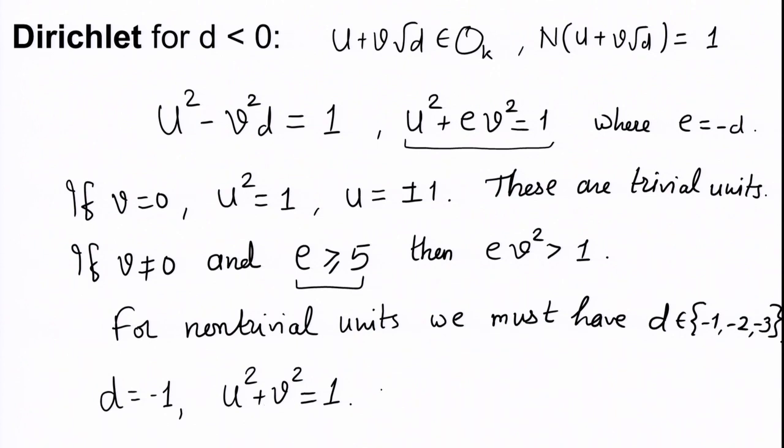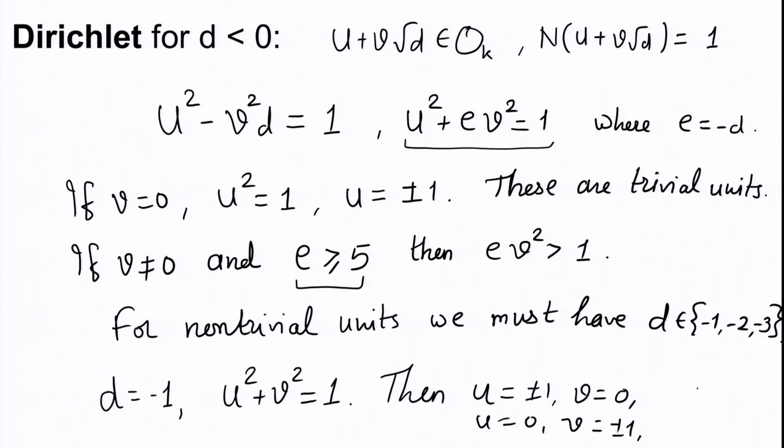So U, V are integers, and therefore the only possible solutions are where U is plus minus 1 and V is 0, or U is 0 and V is plus minus 1. So these are the units plus minus 1 and plus minus I, where I is a chosen square root of negative 1. So we have an explicit description of the units when D is minus 1, which is plus minus 1, plus minus I.